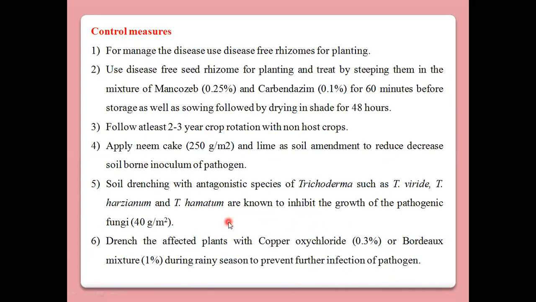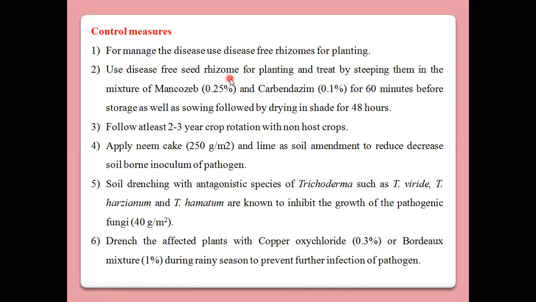Then the last point, that is control measures against the Pythium pathogen in ginger crops. Primary infection always takes place through infected rhizomes.